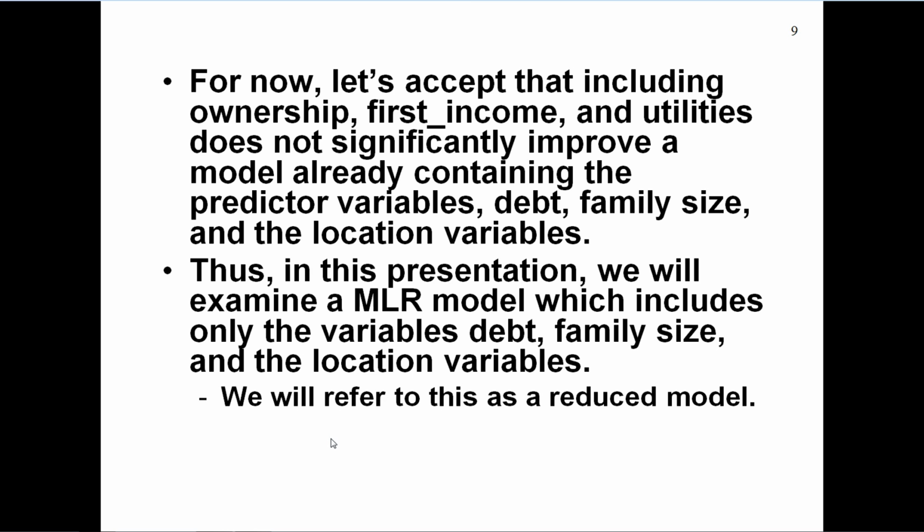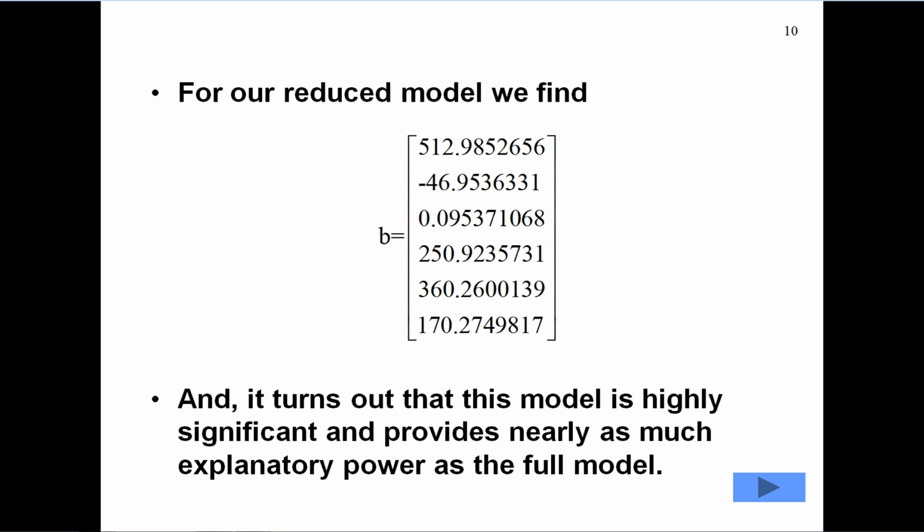And the reason I am eliminating them is because they really do not, as a block, add much to the explanatory power of the model. And we'll discuss this in greater detail in an upcoming lesson. The bottom line is I've taken the reduced model and I've fitted it.